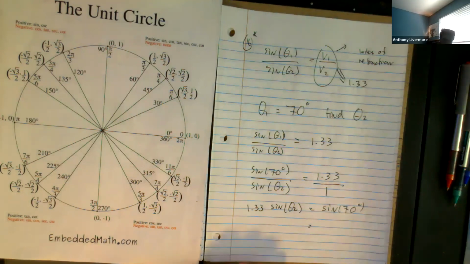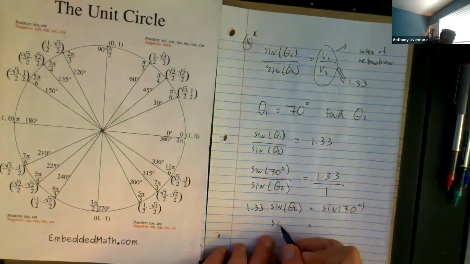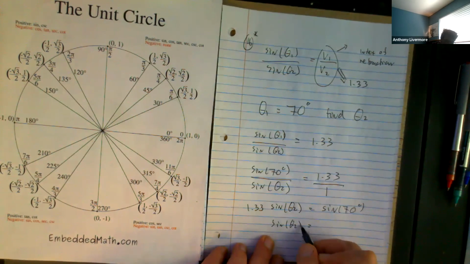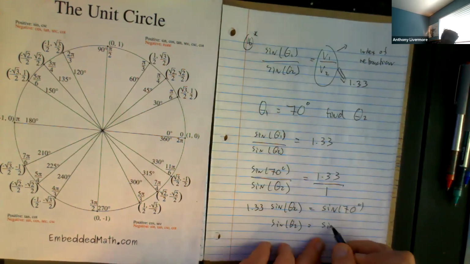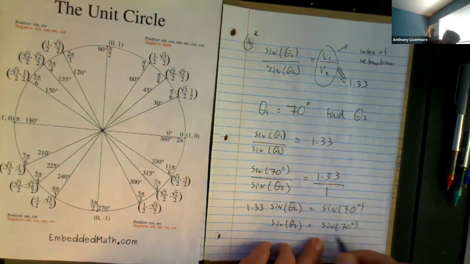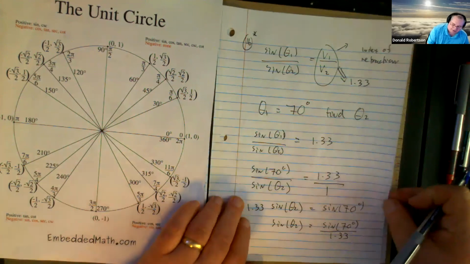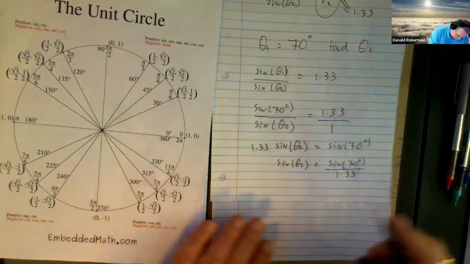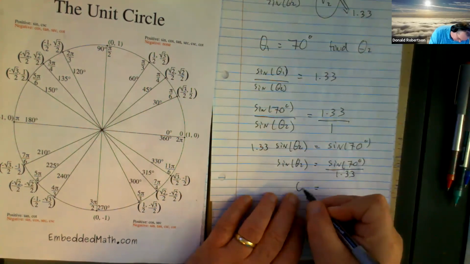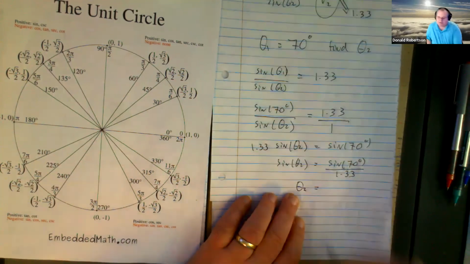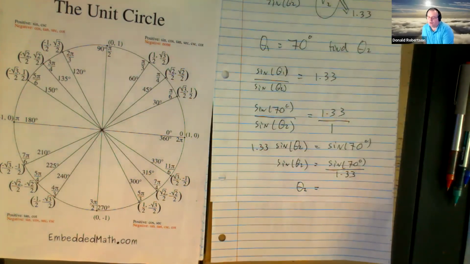Divide by 1.33. We're almost there. How will I find theta 2? What will I do next? Take the inverse of sine.